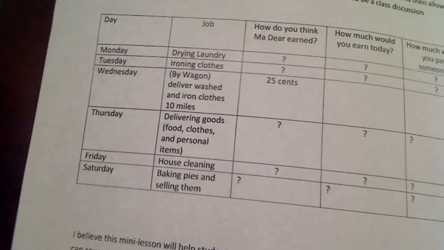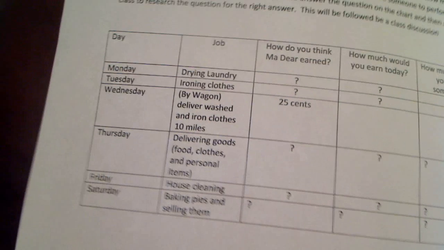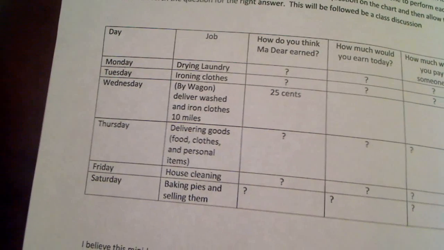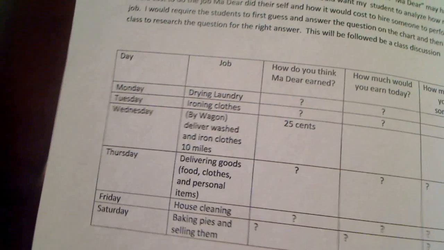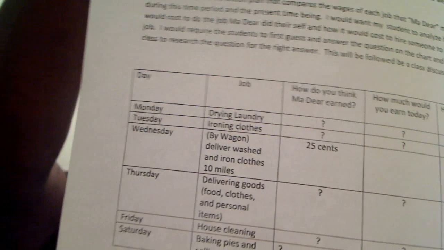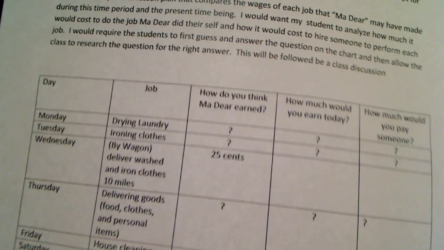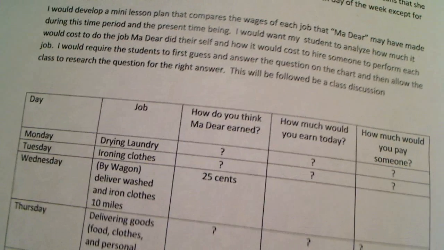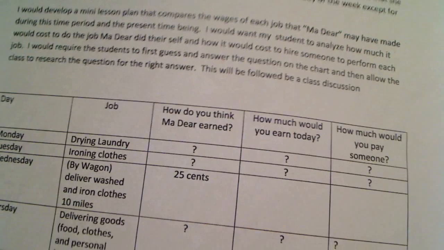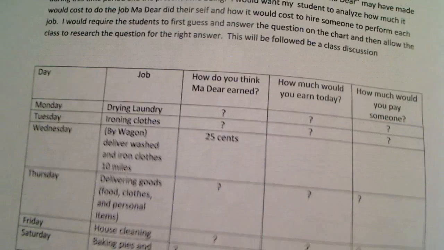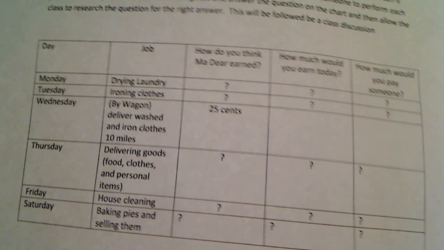And on the chart, I will ask how much they think the main character earned, how much they would earn today, and how much they would pay another person to perform the particular job. Now, we would do this first, and then we would discuss our answers.